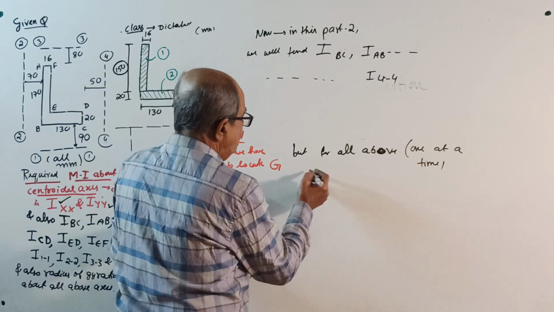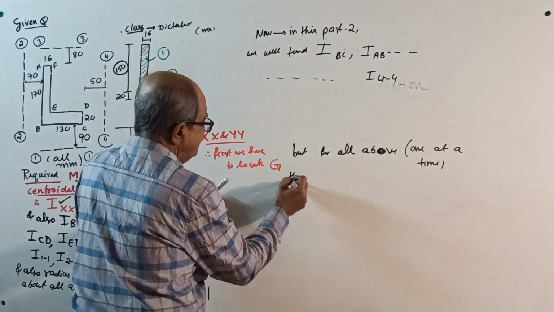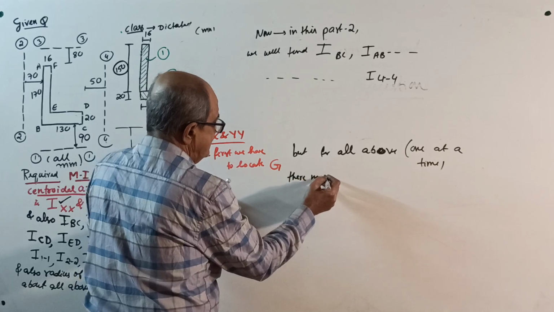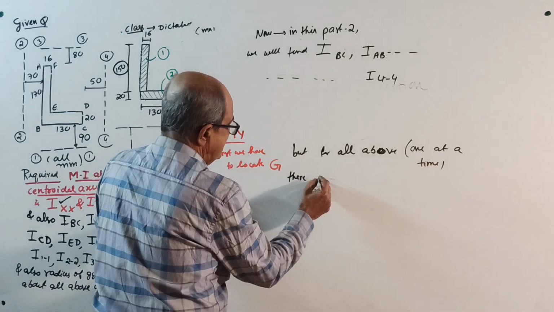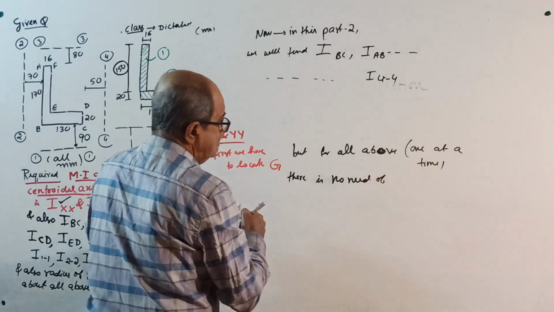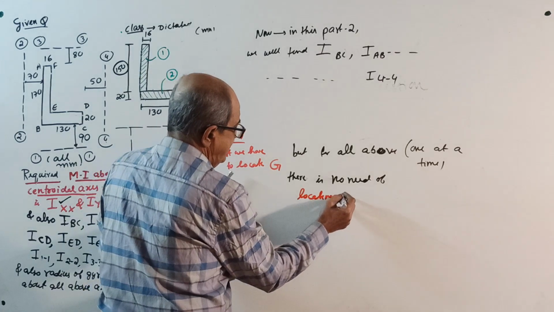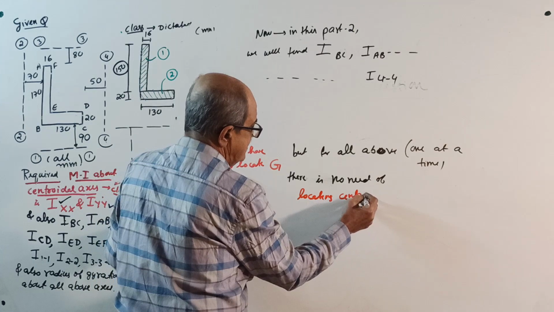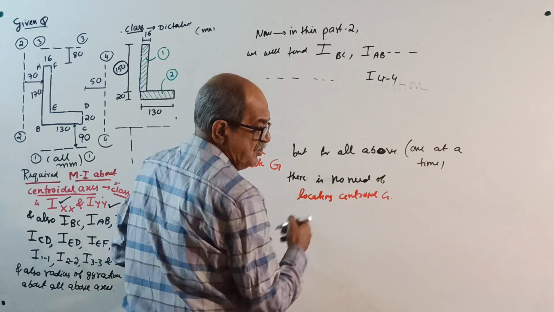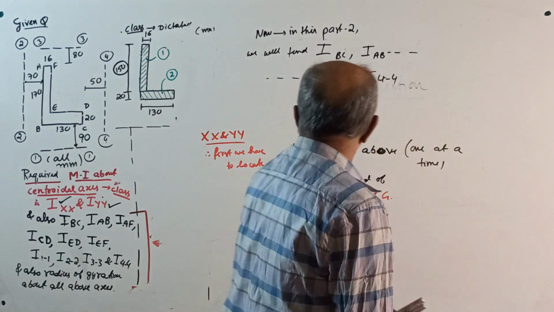But for all the above, there is no need of locating the centroid G for the whole section. Why? Because they don't want the moment of inertia about the centroidal axis.